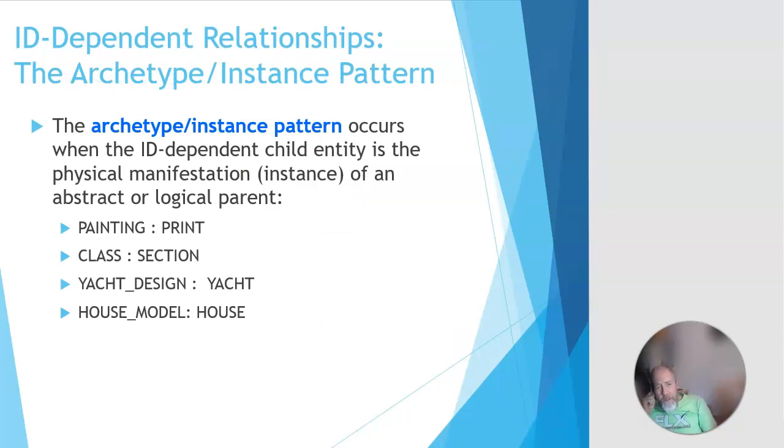One of the patterns that you deal with all the time is the archetype instance pattern. It's very common. An abstract parent, but something that's logical. So in this case, let's say a painting and a print. Well, the painting would contain attributes that are common to all instances of paintings, but print being a specific instance of that.